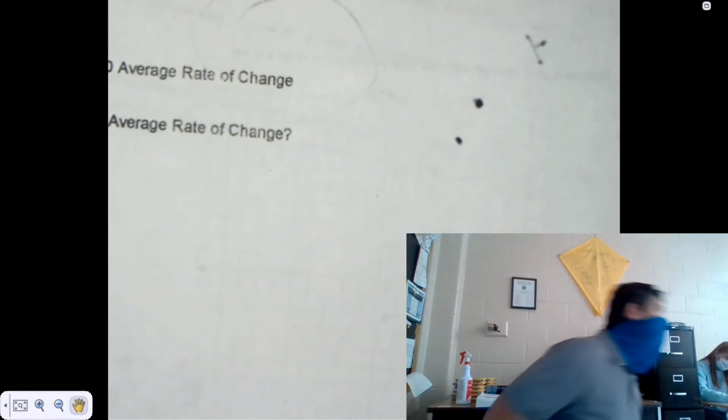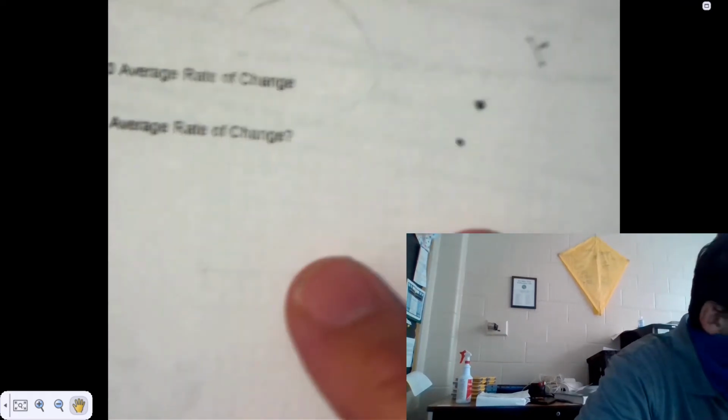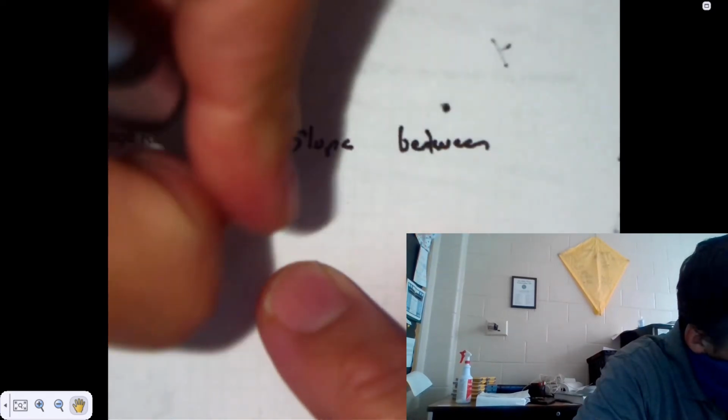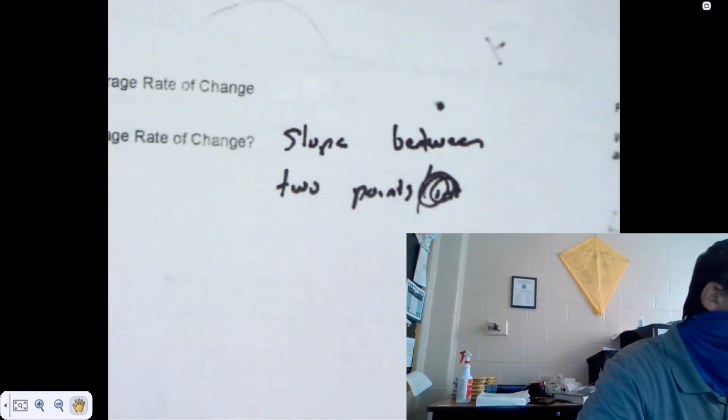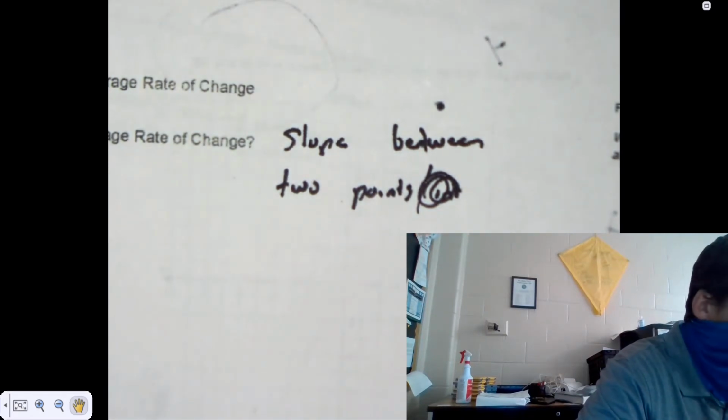It's the correct way of saying slope. It's a slope between 2 points or 2 intervals. Because only lines have slope.